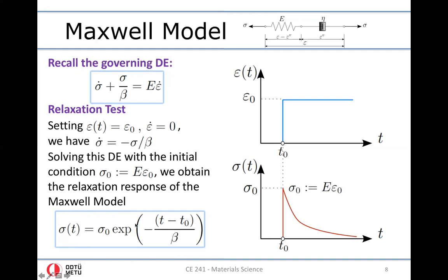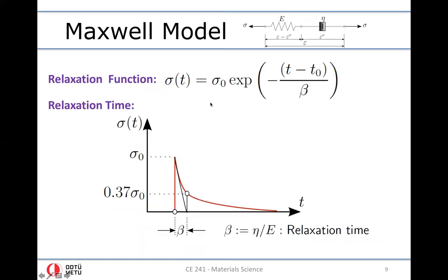That is typically the exponentially decaying function. As you see, when t is equal to t0, we have sigma 0 equal to E times epsilon 0. As time passes, stress decays exponentially.